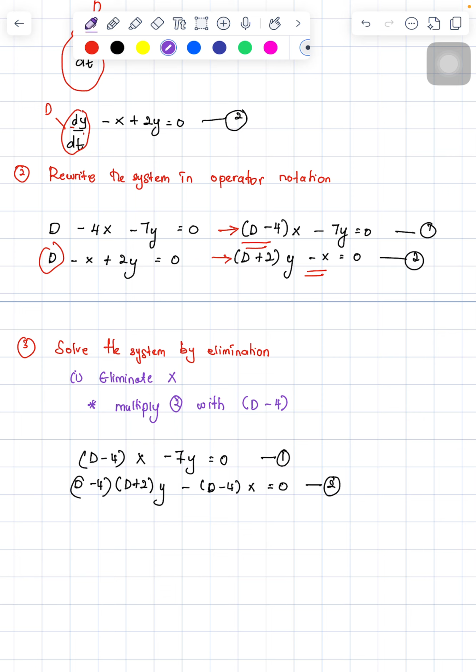To eliminate x, we add equation 1 with equation 2. Then we can eliminate (D minus 4)x from both equations, so we only have y.